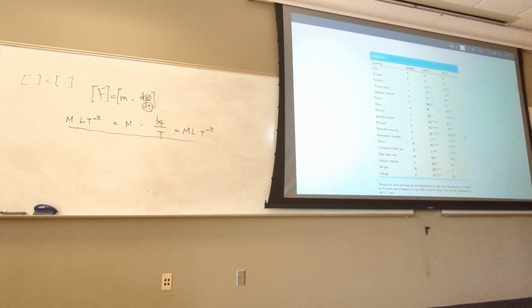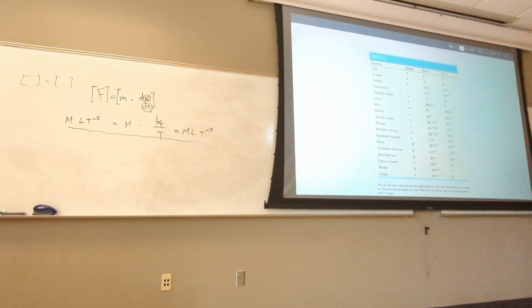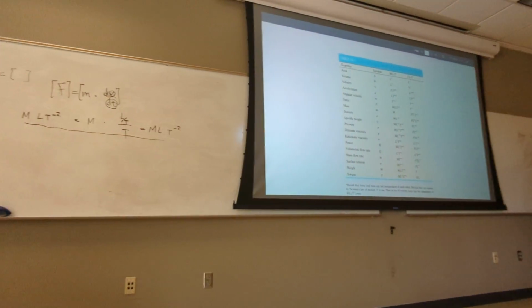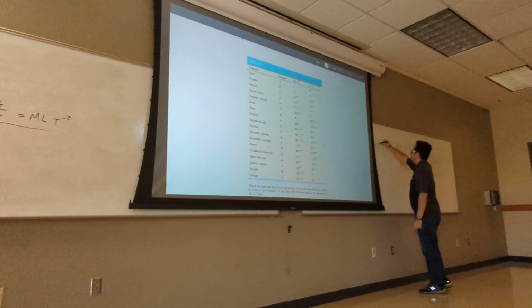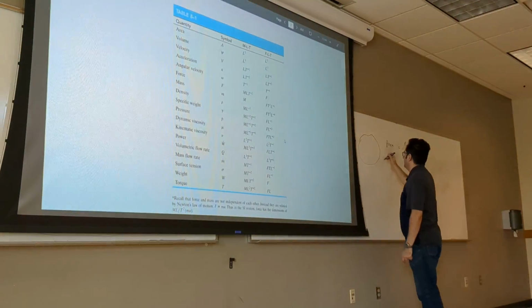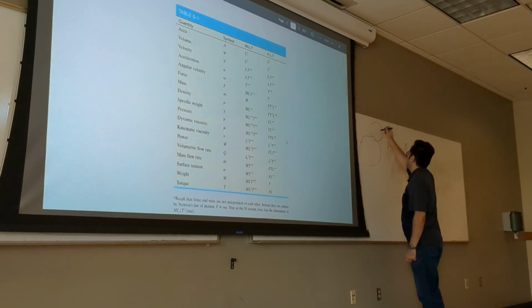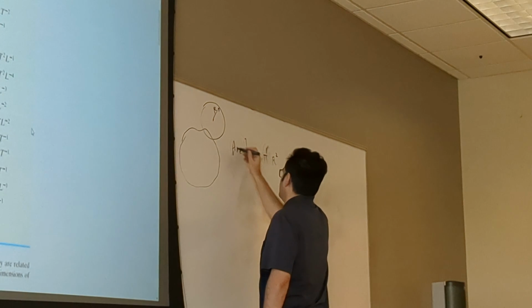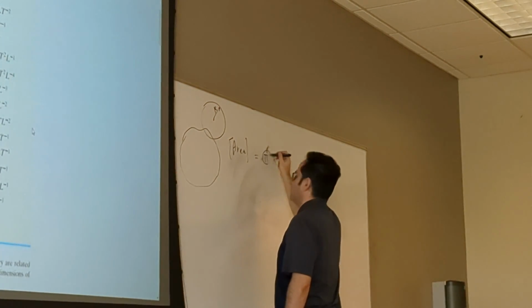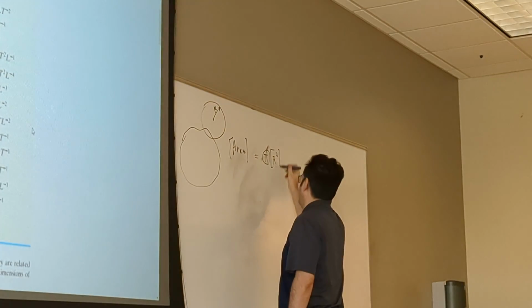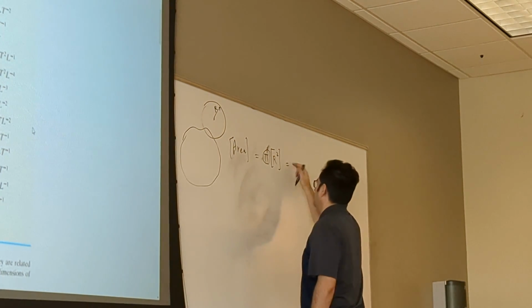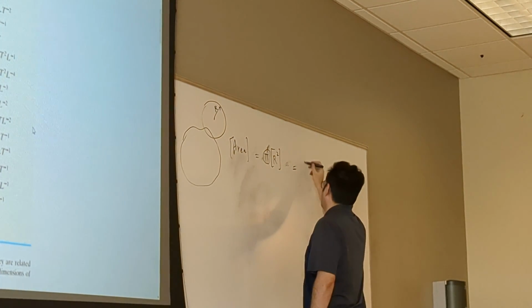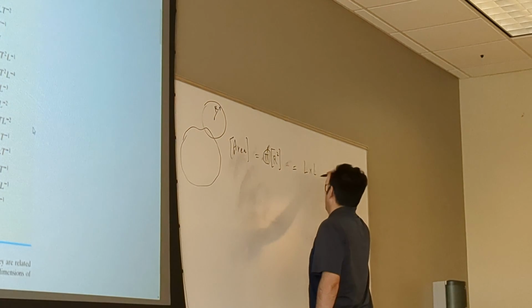Let's say you have a general area; you just make it a circle as a different example. So it's pi r squared. What's the dimension of area? Pi does not have dimension, so it's the dimension of r squared. What's the dimension of r squared? L times L, or L squared.